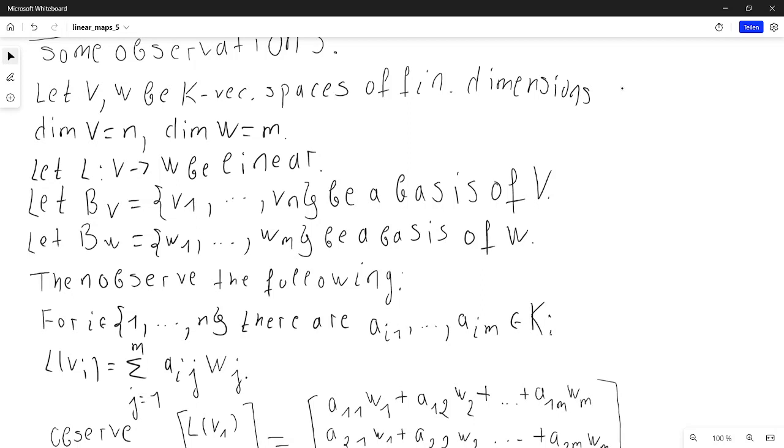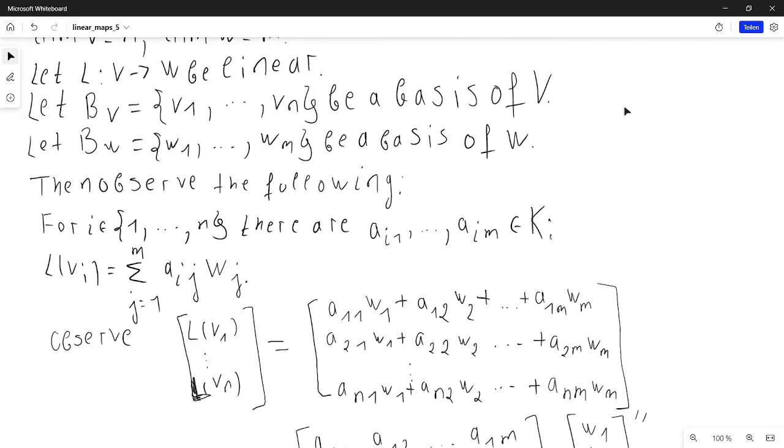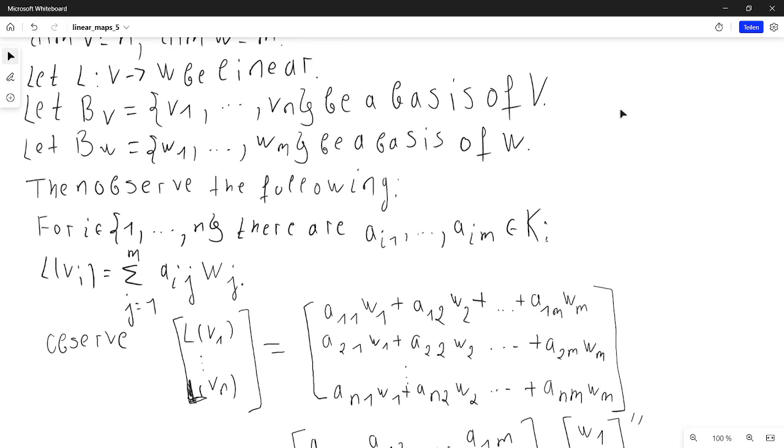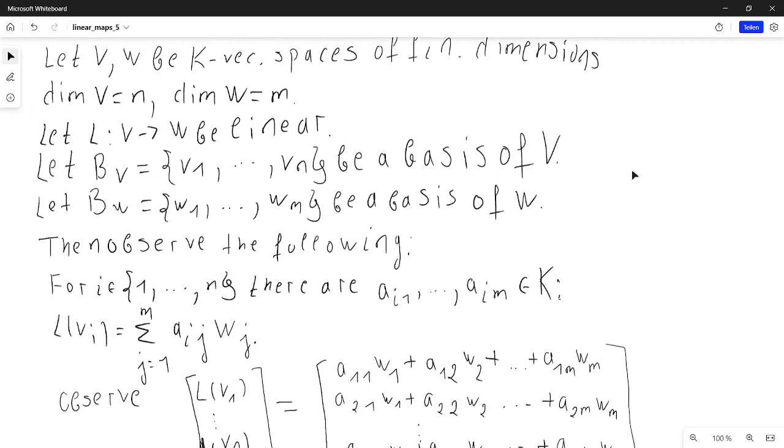You can make a reference for yourself that I'm taking the assumptions from here. All right, we take again V and W to be k-vector spaces of finite dimension. We take dimension V equal to n, dimension W equal to m. We take L from V to W to be linear. We take BV, V1 to Vn, a basis of V. We take BW, W1 to Wm, a basis of W, and then we observe the following.